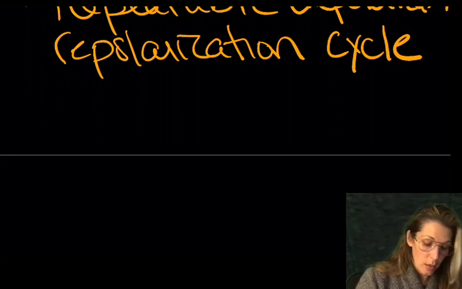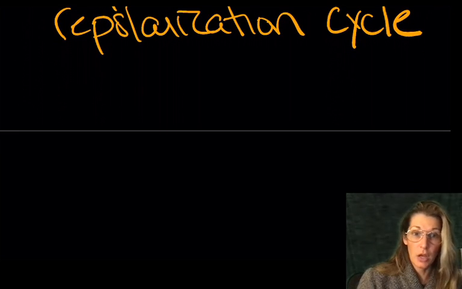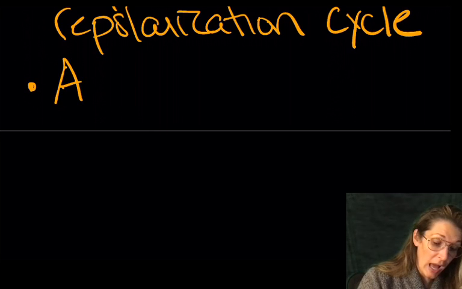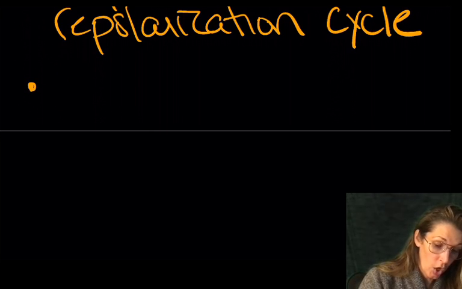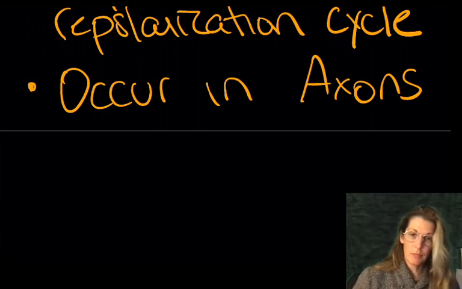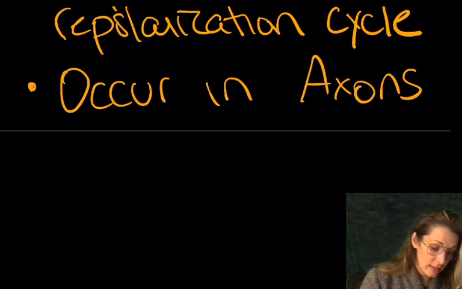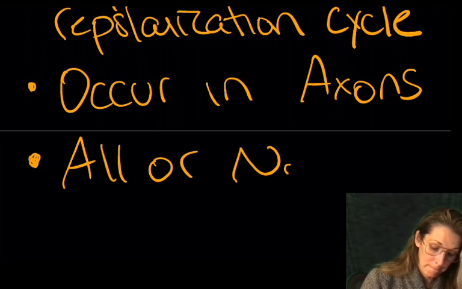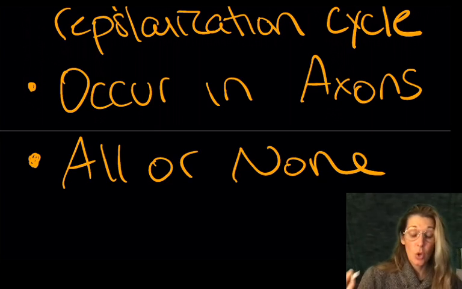Okay. So rapid signaling over long distances, these occur down the length of the axon, and these are all or nothing. Either it happens or it doesn't.